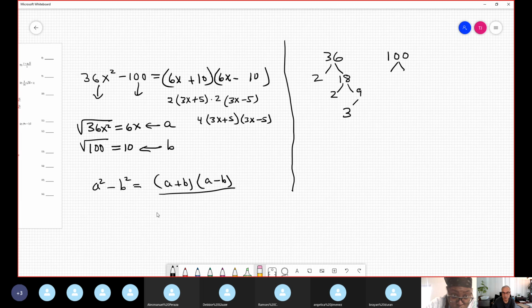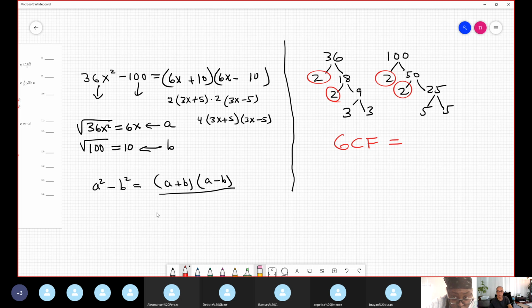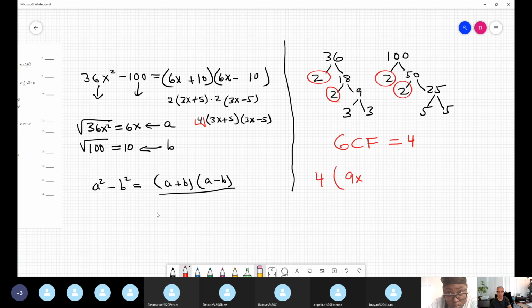The greatest common factor is 4. You factor out 4 outside, and inside we have 9x squared minus 25.